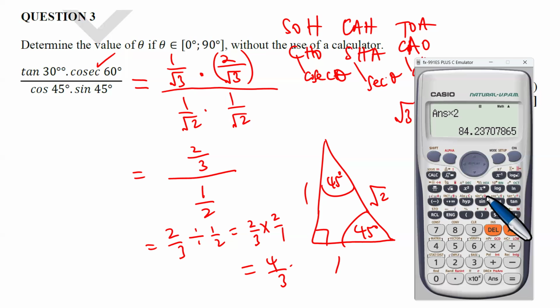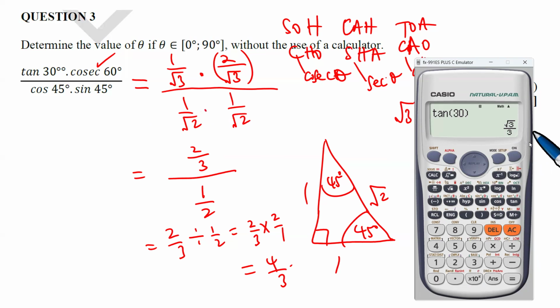I want to try this calculator and see what it's going to give. If I say sine 30, you see the calculator gives the square root of 3 over 3. But the answer is 1 over square root of 3 for us.